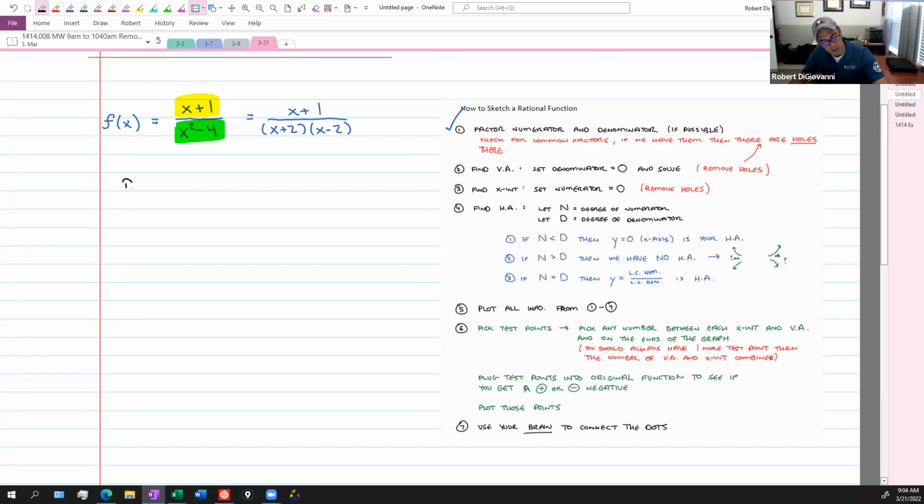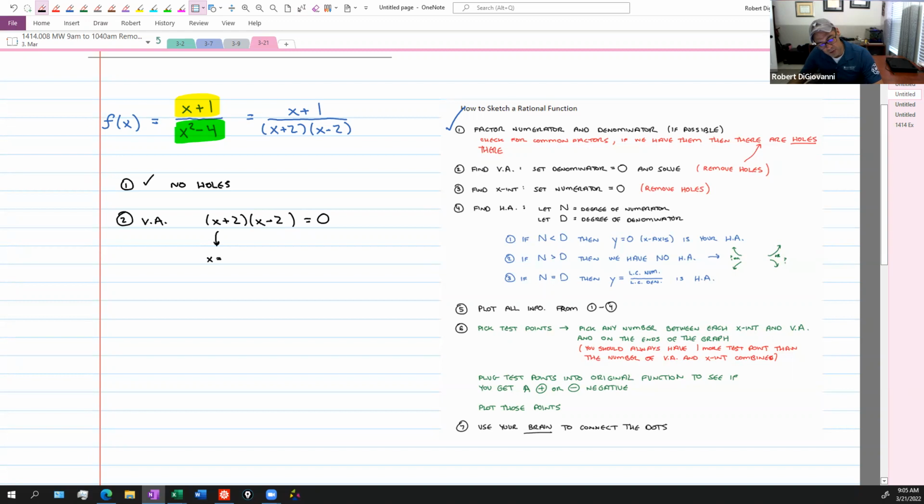Step 1, we've got that done. There are no holes in this graph. Step 2 is we are going to find what we call vertical asymptotes. Those are vertical barriers that would force our function up or down. To find those, we set the denominator equal to 0. Since we've already factored the denominator as x plus 2 times x minus 2, all we have to do is set each of these factors equal to 0.